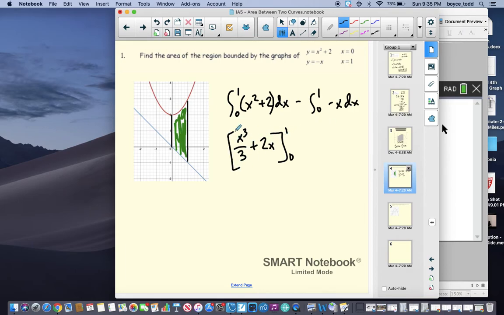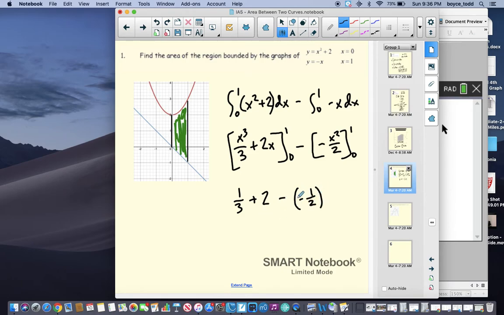So you got this to integrate, and this is already integrated, we're going to input the numbers, and then you have negative x squared divided by 2 from 0 to 1. So at this point, we're going to say 1 cubed is just 1 over 3, plus 2, and then minus the 1 over 2, which is a negative 1/2.